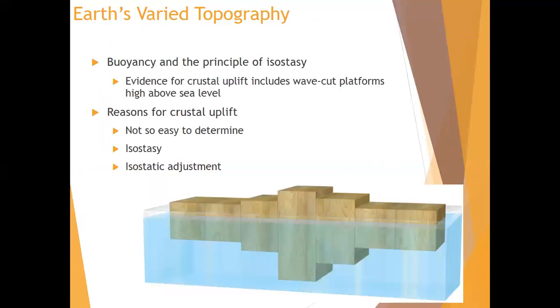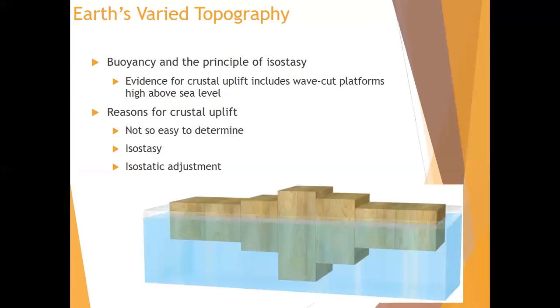One of the last topics we need to mention is buoyancy and the principle of isostasy. Isostasy deals with the concept that you can see in this picture here. You have a floating crust that's in some form of a gravitational balance.